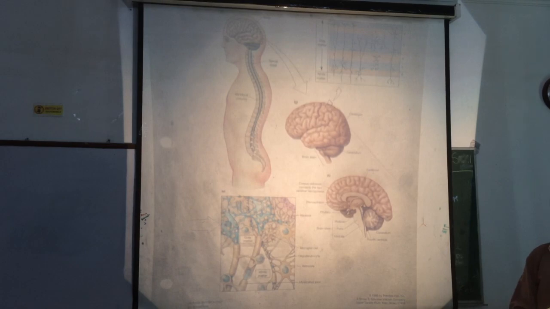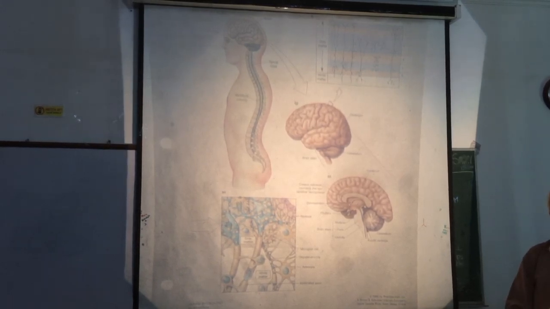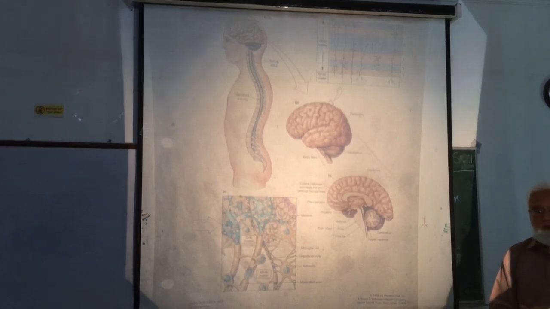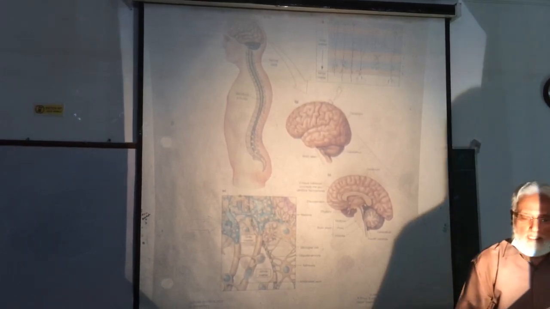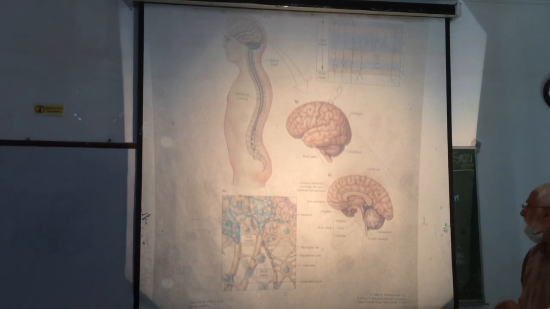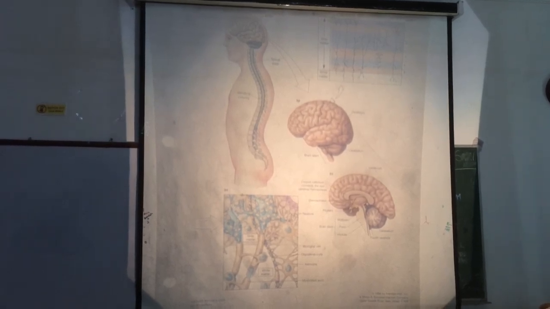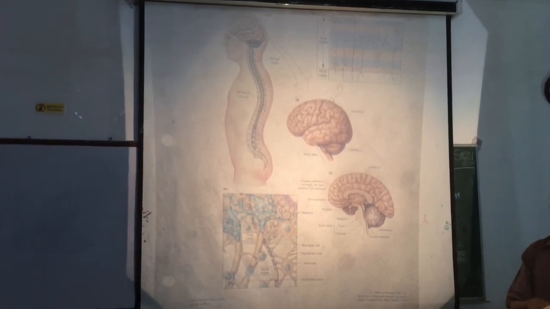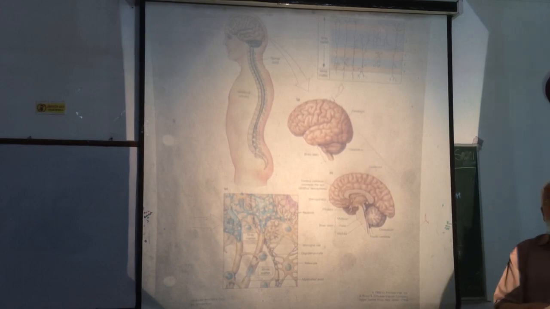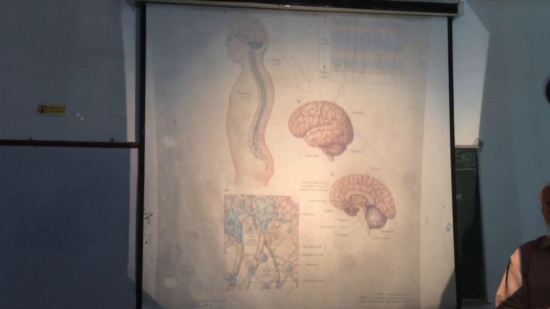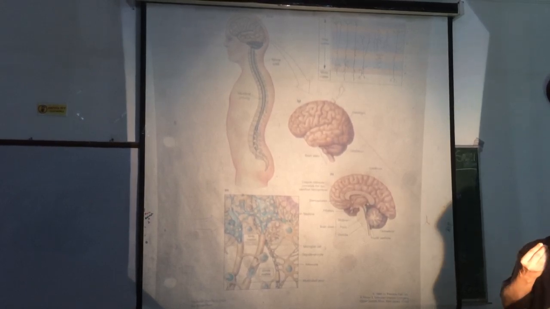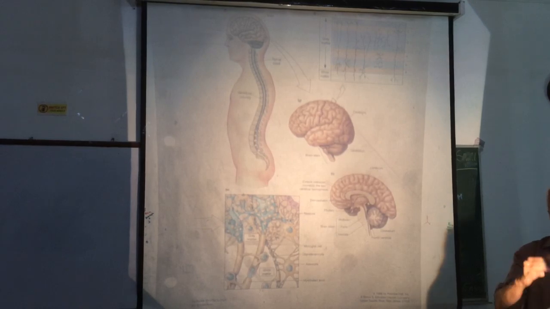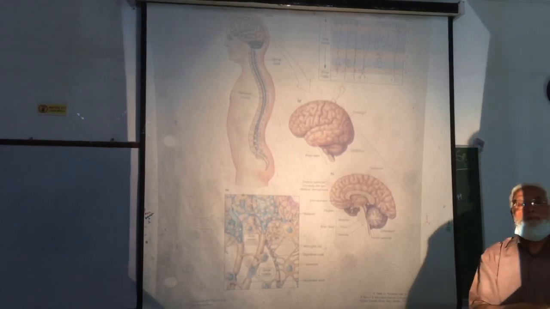In the tegmentum of the midbrain, the red nucleus is present. The red nucleus is a highly vascular mass of nerve cells.